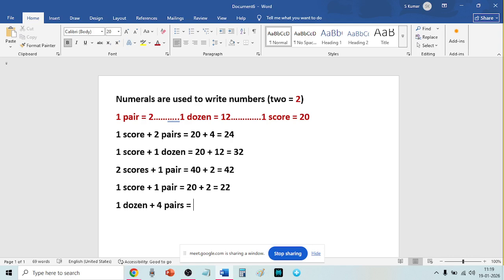Well, that is 12. First say that. Plus. Now say 4 pairs. How many? 12 plus, not 4. 4 pairs, 8. Yeah, right. 4 pairs, 8. Then how much would that be? 12 plus 8?